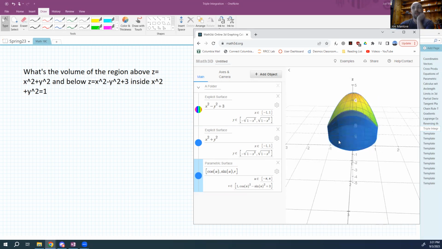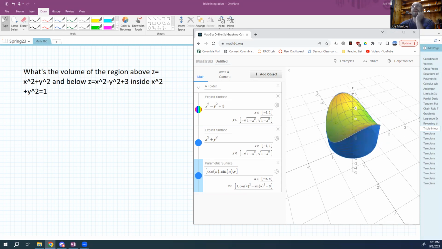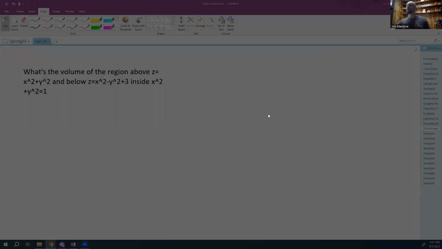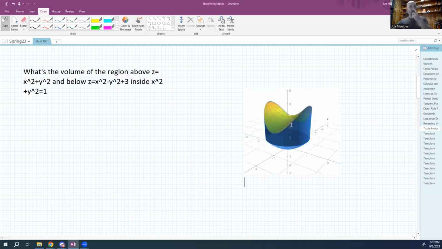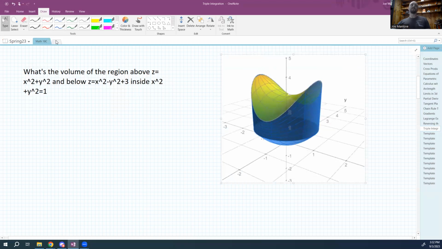So in my case, I've got 3 things playing here. And we just need to figure out a way to find the volume of this region. So I'm going to start by keeping this guy. Let me snip this little dude out so I can draw on it a little bit. Okay, so here's my little dude, and I'm interested in the volume of this region.